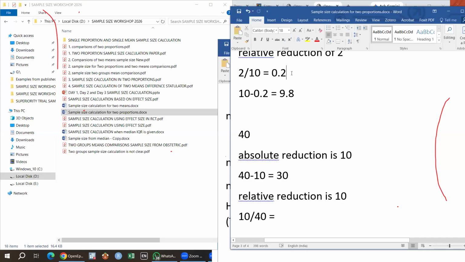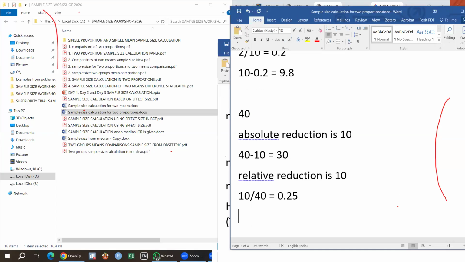Can anybody tell me? 0.25. Yes. So this will be 0.25. This is the meaning of relative reduction and absolute reduction. Okay. So what will be the answer? 40 minus 0.25. It will be 39.7.